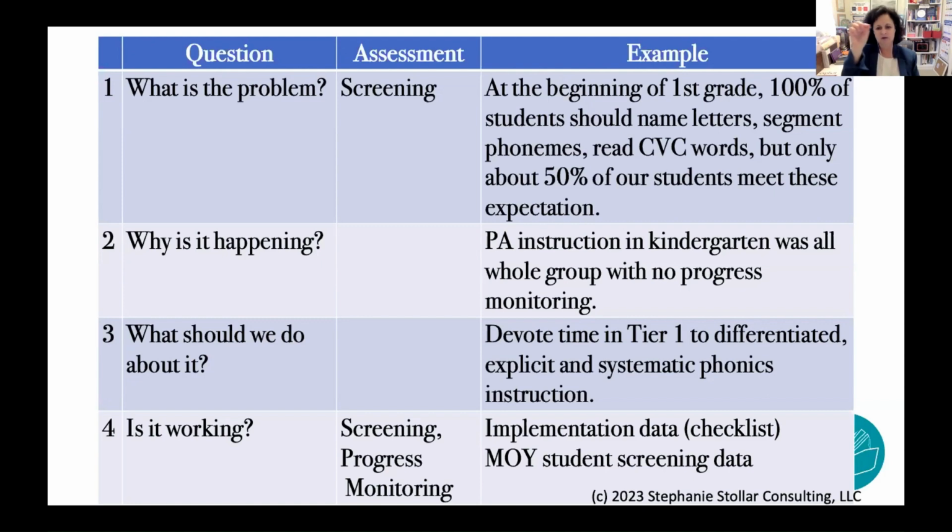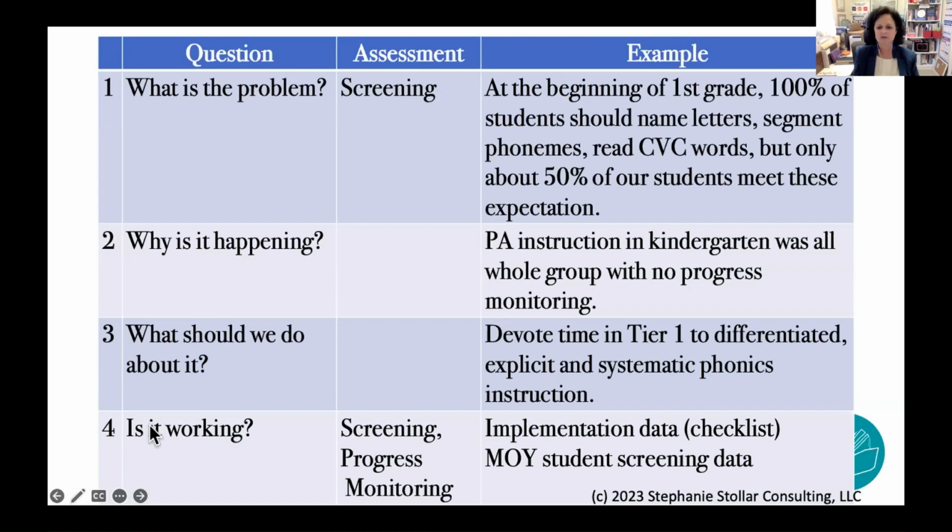That's what should become your hypothesis statement. So you have a list, but the one thing that we're going to work on first is what rises to the top. The priority, the thing that if we changed it, it would have the biggest impact, and we actually have the resources to do it. So that hypothesis is what you write your action plan at step 3 about. In this case, they decided to differentiate tier 1 with explicit and systematic phonics instruction.